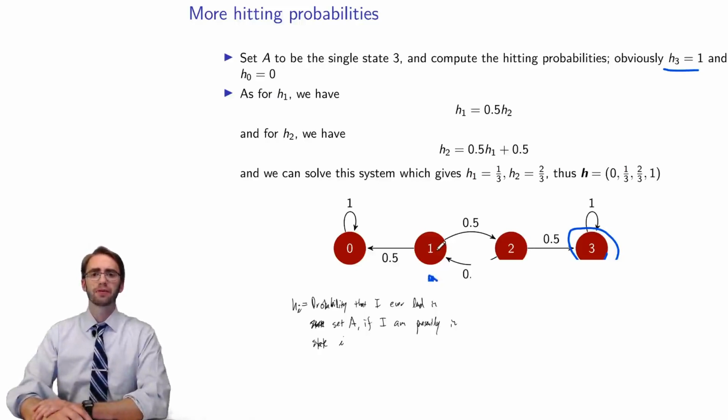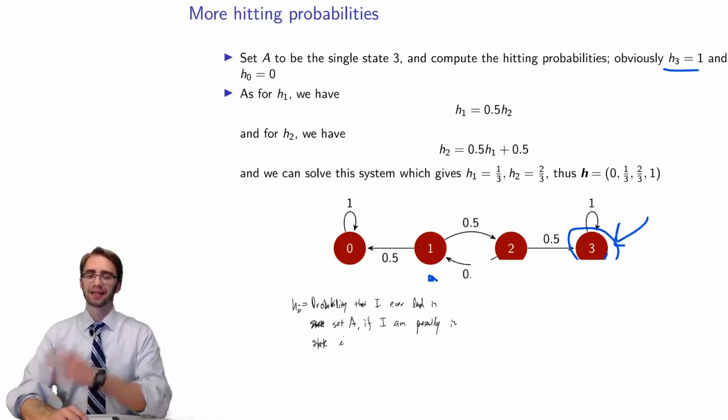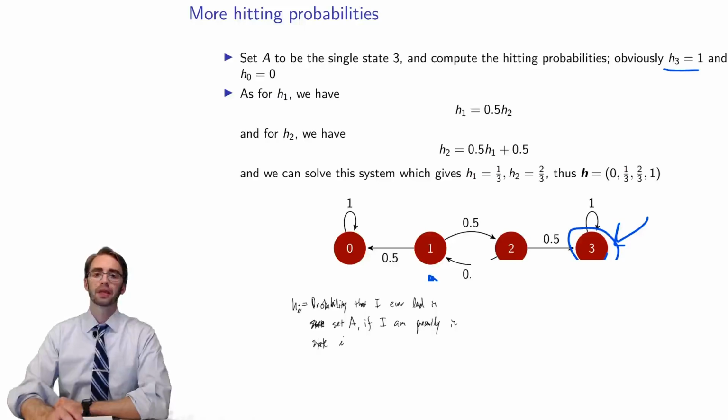If I'm in state 1, what's the probability that eventually in the future I at some point land in state 3? Well, there's a 0.5 probability that I go to state 0, which is absorbing, and once I do that, I'm never going to escape it. So there's a 0.5 probability that this does not happen. And what is the only thing that's left? Well, the other option is there's a 0.5 probability that I go to state 2.